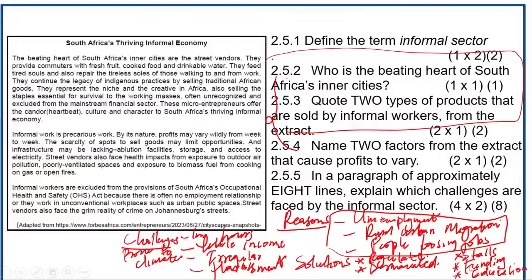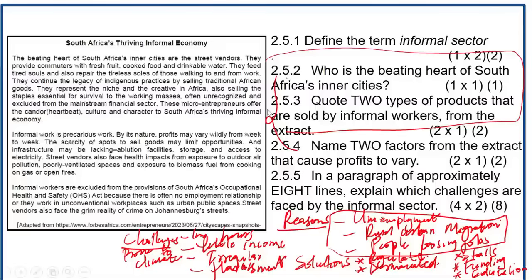So those are the questions that are concepts that you need to know. You need to know, why do we have informal sector? Number two, you need to know what are the challenges that are facing informal sector, and what are the possible solutions that can be implemented to help people that are involved in informal sector.